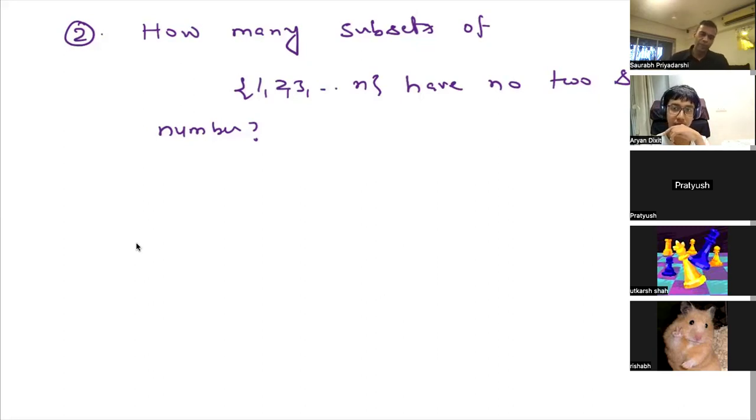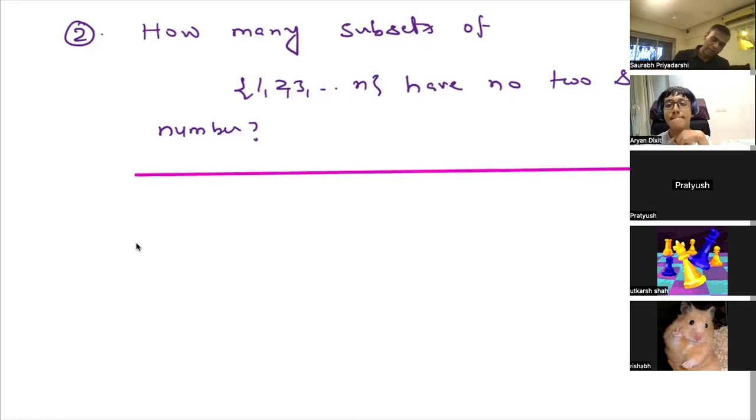See, in many ways we can think, right? I'm going through 2 ways only. First, let n be counted in this. Any nth string, we have 2 options: n is included in this or n is not included in this.